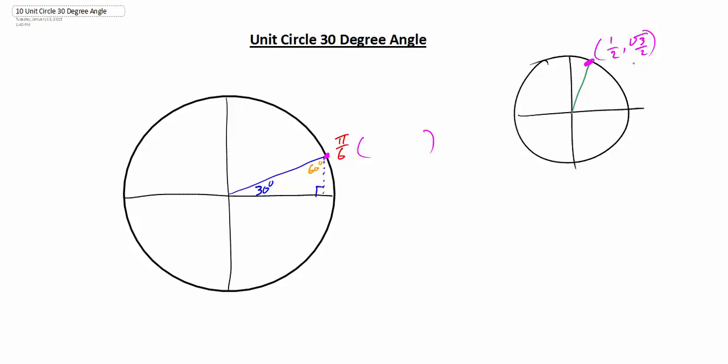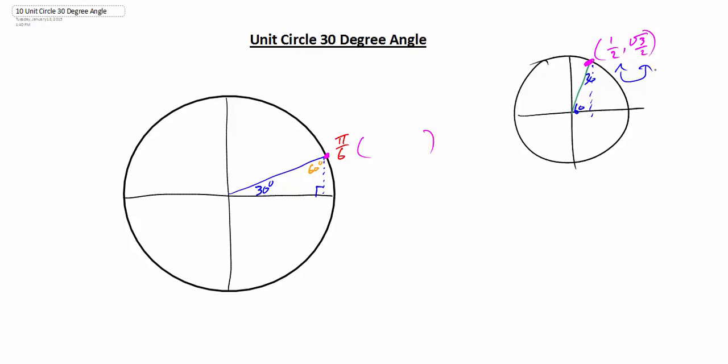Now if you look at this triangle, this was 60 degrees and this angle up here is 30. Notice that the 30 and 60 are changing places. In relationship to the circle, it makes sense that we're going to change the x and the y coordinate.